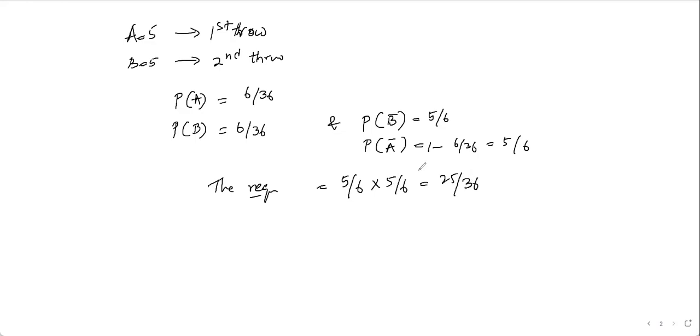Either you can solve like this, or there is another method. Let me show you. This is method 2. Consider E as the event in which 5 does not come up either time.